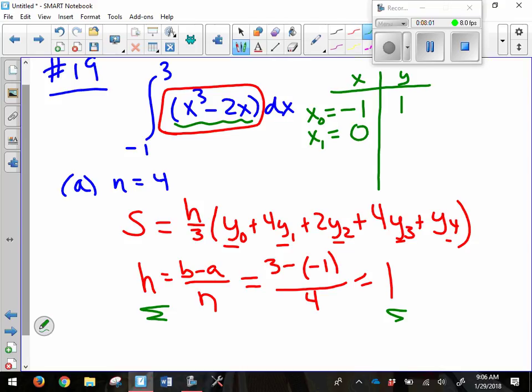So if I substitute 0 into my integrand, what do I get for y1? 0. Okay. So then x2 will be 1. And when we substitute that in, Maddie, what do we get? -1.